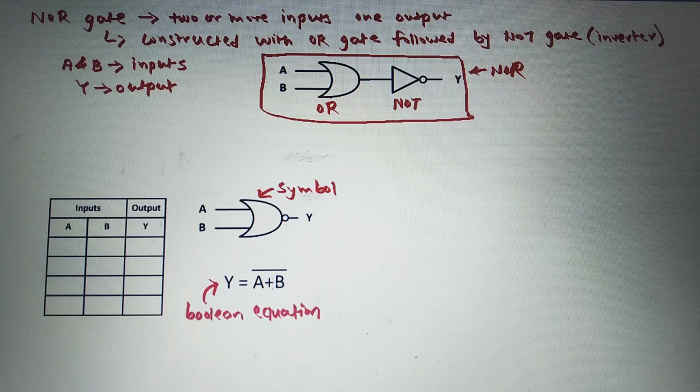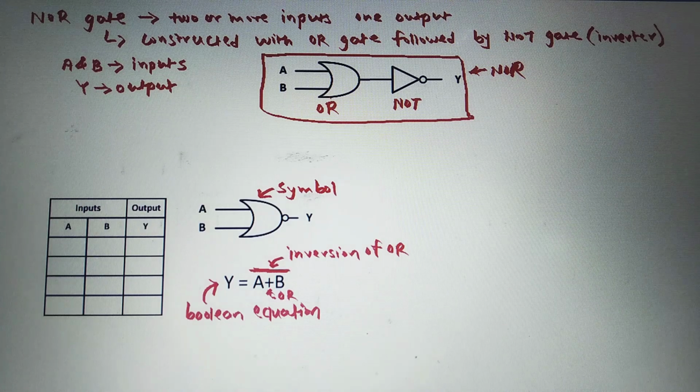So in this Boolean equation, this plus sign indicates the OR function, and this bar is the inversion of OR.